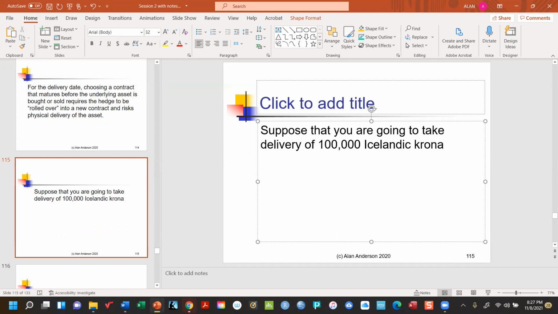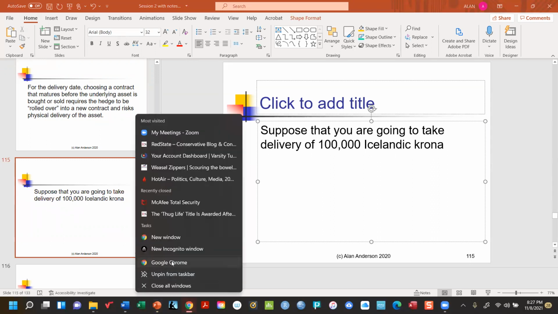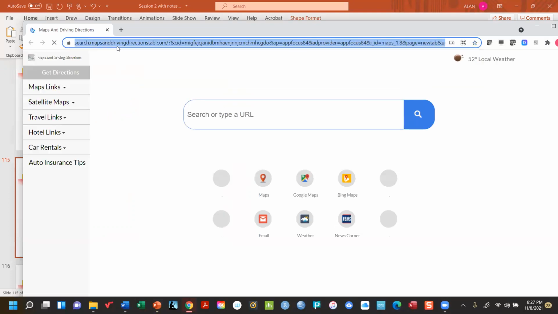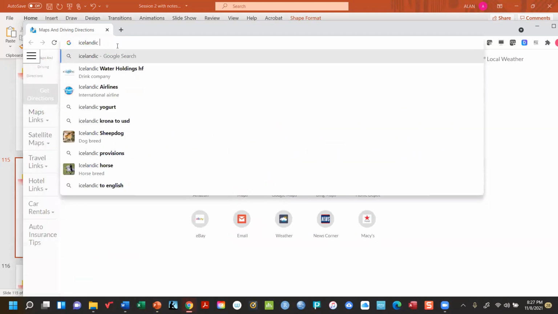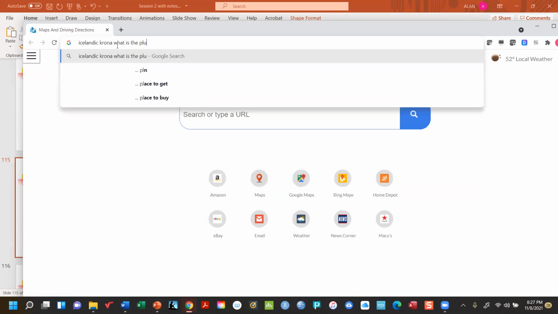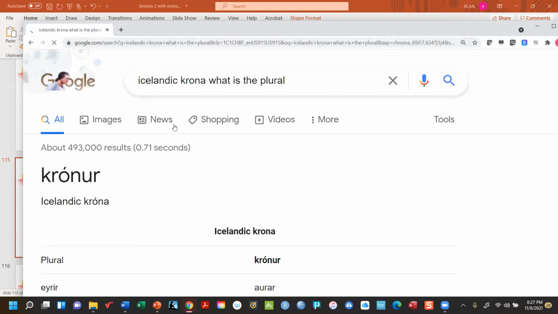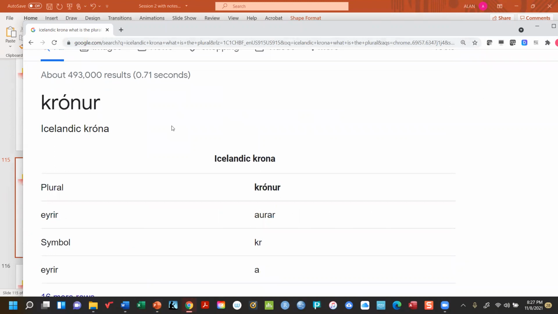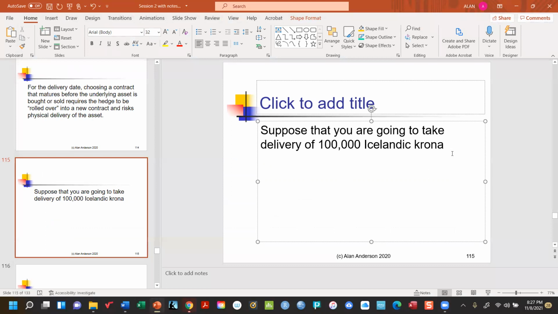I think the plural of that is kronor. Let me just check that real fast. Kronor. Oh, okay. There you go.